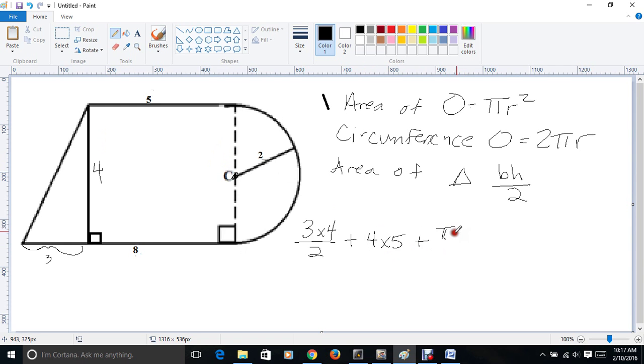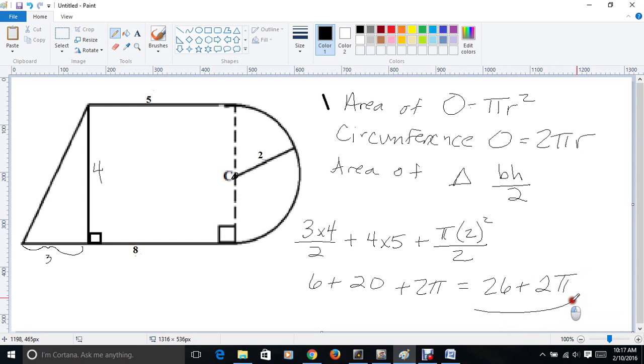So that's everything: the triangle, the rectangle, and the semicircle. So 12 over 2 is 6, that's 20, and then 4 pi over 2 is just 2 pi. So that's 26 plus 2 pi. And on the SAT, they might just leave the answer like that, but you could punch that into your calculator.